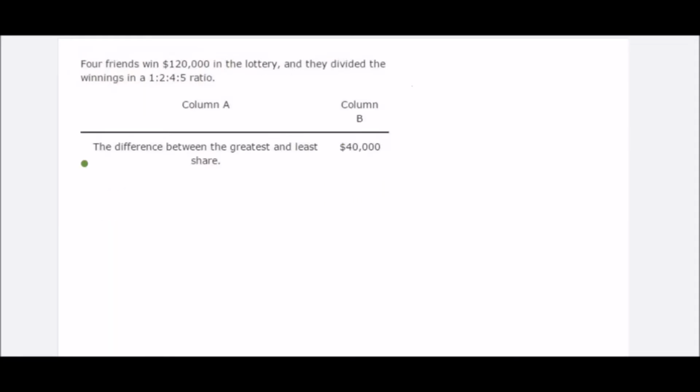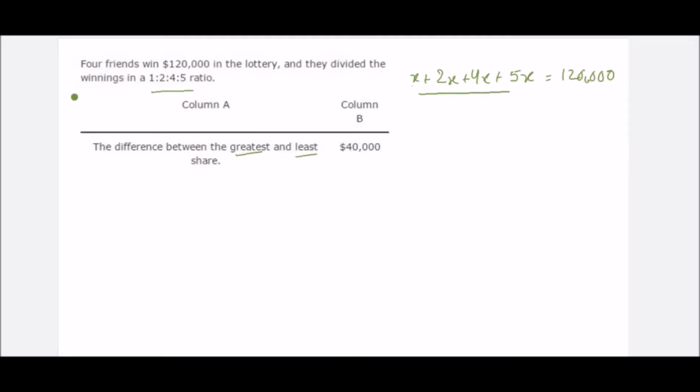So next question is, 4 friends win $120,000 in a lottery, and they divided the winnings in a ratio of 1:2:4:5. For column A, we have to find out the difference between the greatest and the least share. So by converting the ratio into numbers, we can multiply it by variable X. So the equation will become X plus 2X plus 4X plus 5X is equal to 120,000.